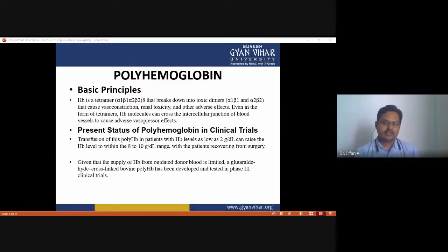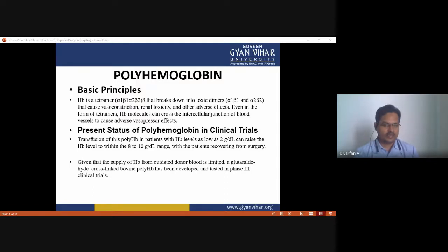Of the patients receiving polyhemoglobin, 59.4% required no RBC transfusion through follow-up, 96.3% avoided transfusion with RBC on the first postoperative day, and 70.3% avoided RBC transfusion up to 7 days after surgery. So this is a very good result to have observed.